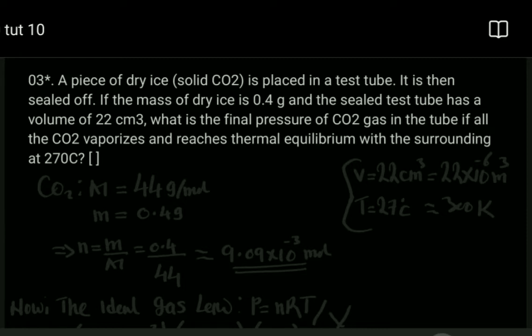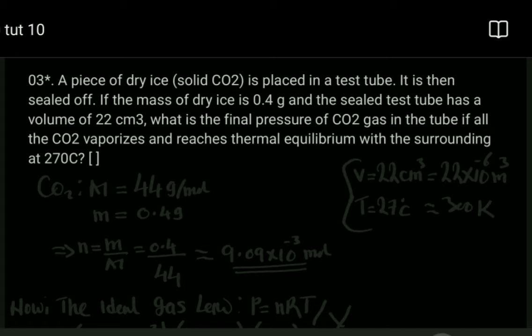So notice that what we need first of all is to consider the number of moles, because we know that PV equals nRT. So we have P, which we are looking for. We want to find the pressure. But we also need the number of moles so that we can have only one unknown in this expression.